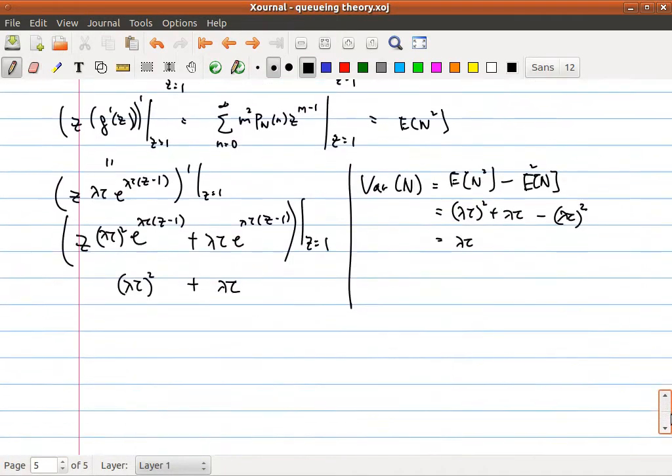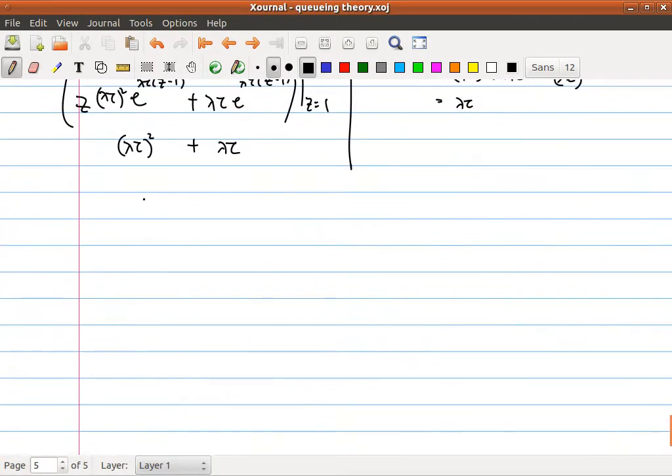So to summarize what we did for our discussion on the Poisson process, as I mentioned, it's very important to remember the picture of the Poisson process.